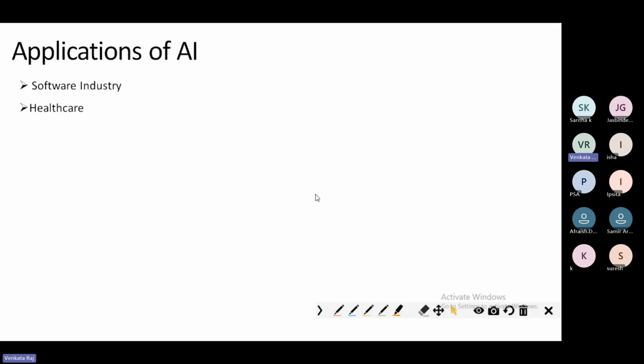Whatever reports and scans there are, the AI models can analyze them and assist the clinical persons to come up with the diagnosis, guys. So in the healthcare field also AI is being used.